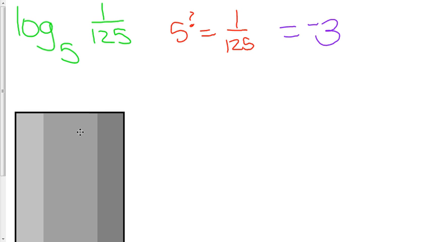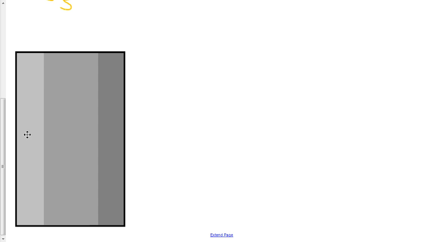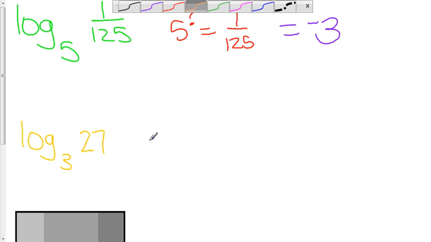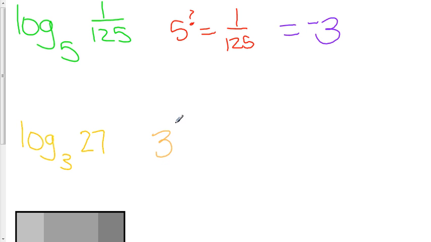Our next one is log base 3 of 27. That is saying 3 to what power is equal to 27? And that would be 3 to the third. So log base 3 of 27 is equal to 3.